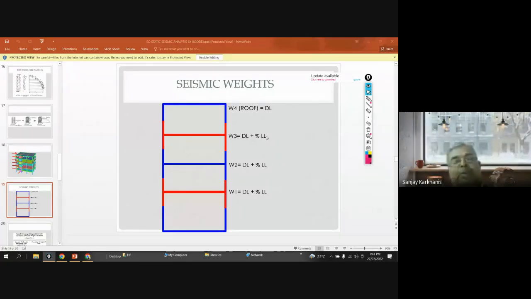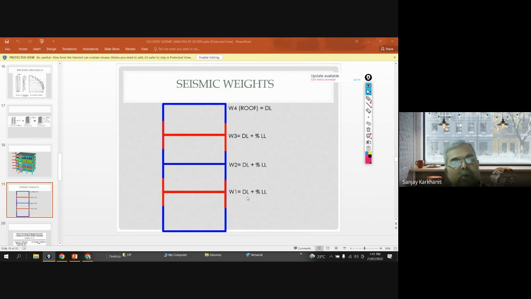If live load is 3 kilonewton per square meter, then that 3 kilonewton would be multiplied by the entire area. So whatever will be the total weight, some percent of that will be considered, not 100%. That's why we are saying no live load at terrace and some percent of live load.